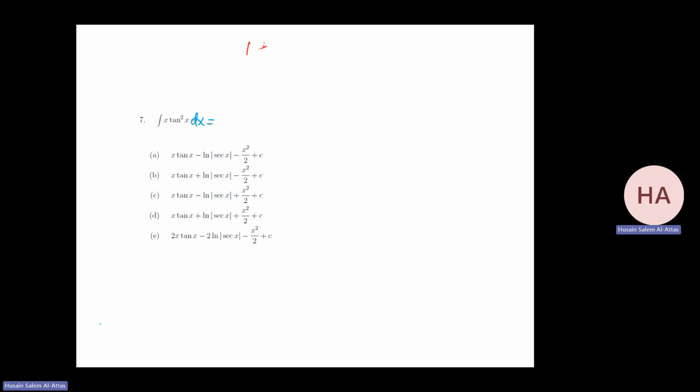I know 1 plus tan squared equals secant squared, and secant squared is easier to deal with. So that will be the integral of x (secant squared x minus 1) dx.